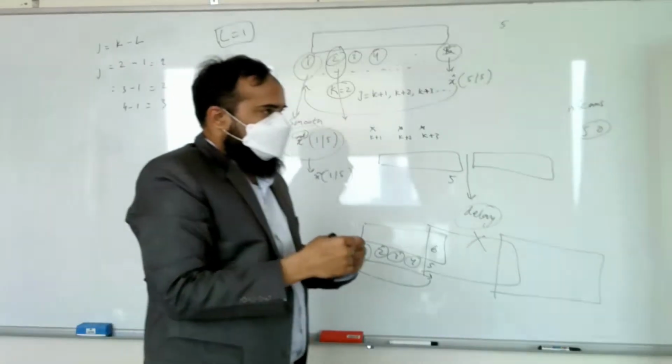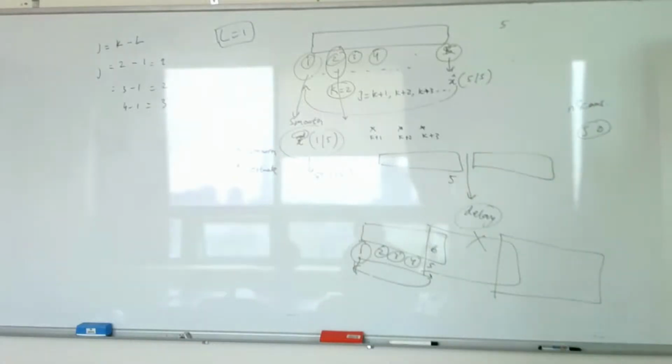So if we smooth here, based on this, if we are here, K is 3, then 3 minus 1, this is smoothed. Okay, if K is 4, 4 minus 1, the 3rd scan is smoothed. If K is 5, 5 minus 1, then J equals 4 is the smoothing point.